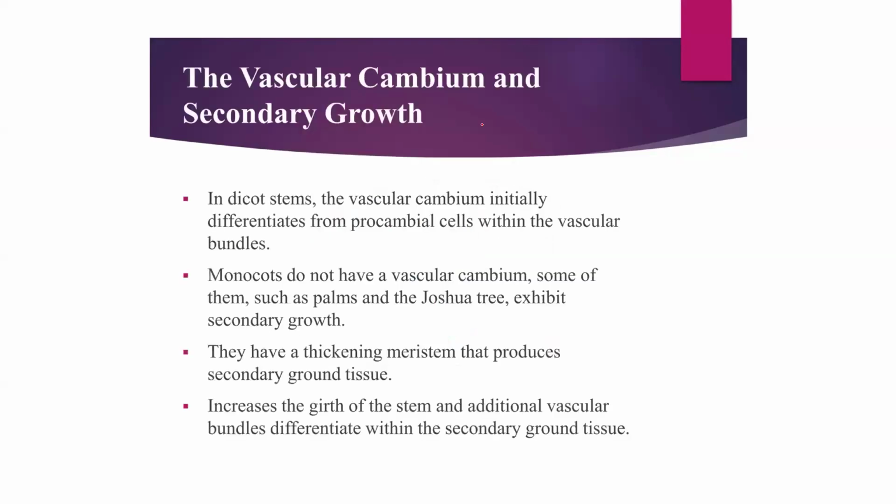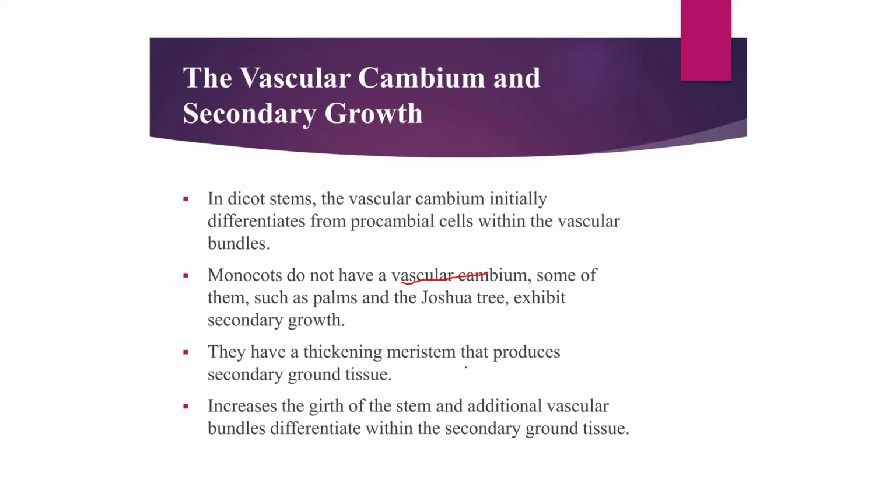So the vascular cambium and secondary growth. In dicot stems, the vascular cambium initially differentiates from the procambial cells within the vascular bundles. In monocots, they do not have the vascular cambium. Some of them, such as the palms and Joshua tree, exhibit a secondary growth. So sometimes, even though the cambium is absent, they show secondary growth.